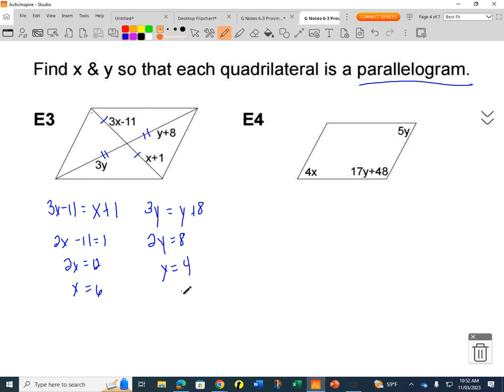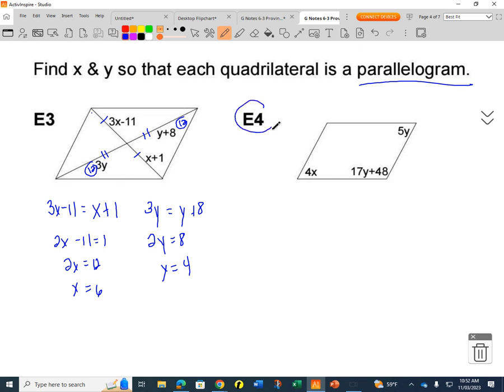We won't do both this time, but you can see if y is 4, 3 times 4 would be 12, and 4 plus 8 would be 12. You'll see that those are congruent. And the same thing if we plugged in the 6 in each of these expressions, you'd see that they both equal 7. Does that make sense, Travis?